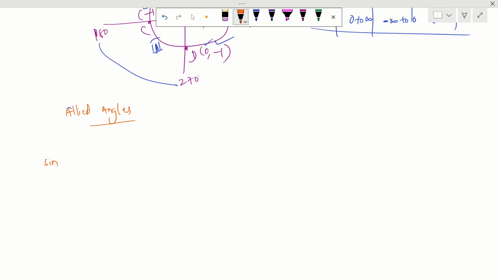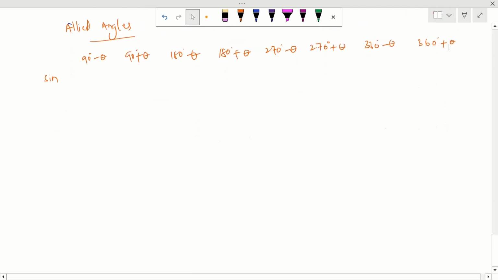Suppose I'm writing 90 degree minus theta, 90 degree plus theta, 180 degree minus theta, 180 degree plus theta, 270 degree minus theta, 270 degree plus theta, 360 degree minus theta, and 360 degree plus theta. These are called allied angles.